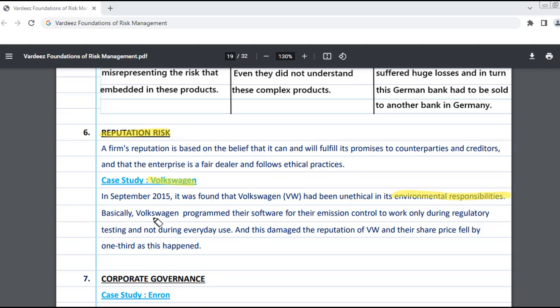Basically, Volkswagen programmed their software for emission control to work only during regulatory testing and not during everyday use. So this had a damaging effect on the reputation of Volkswagen, and their share price fell by 1/3 as this happened. So this was the case study for reputation risk.